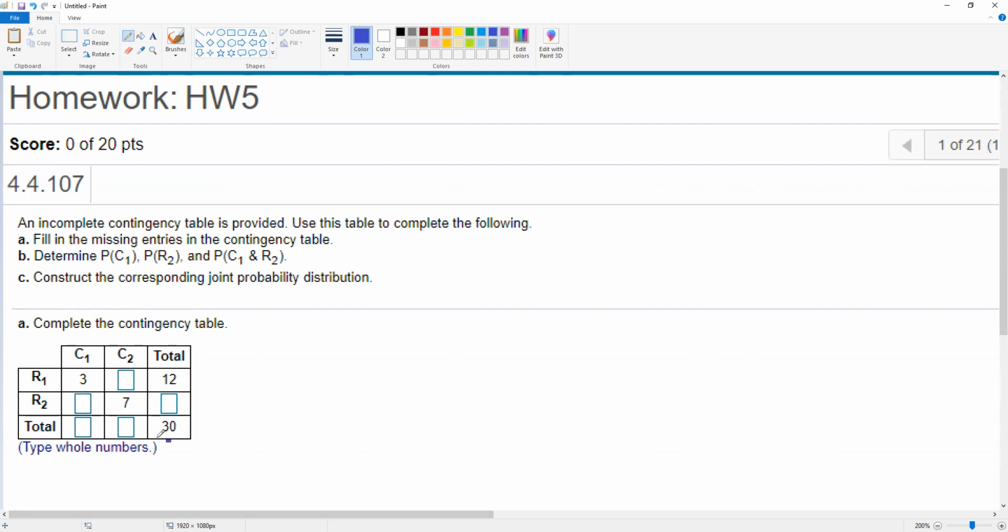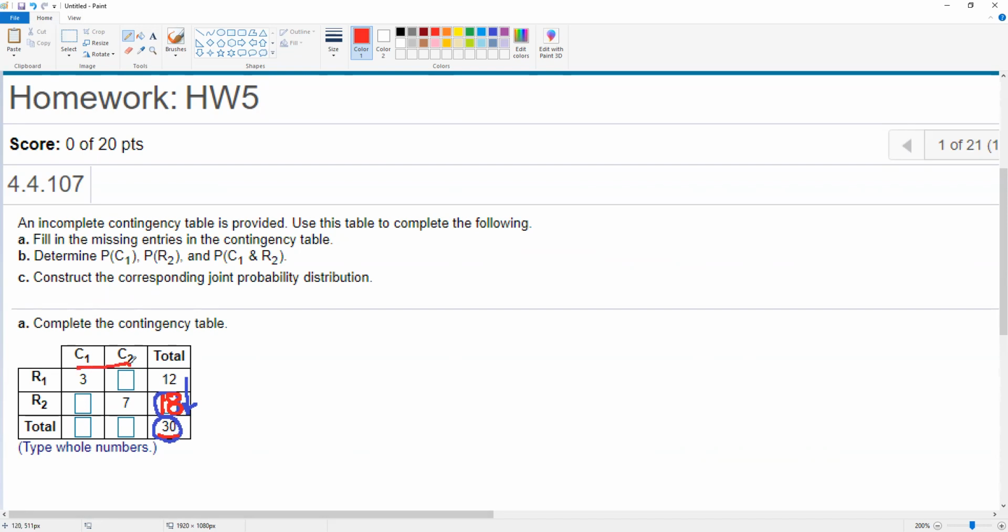So here is the overall total. When I add these two subtotals, it must be 30. So the second total must be 18. So 12 and 18, and now we can make the 30.